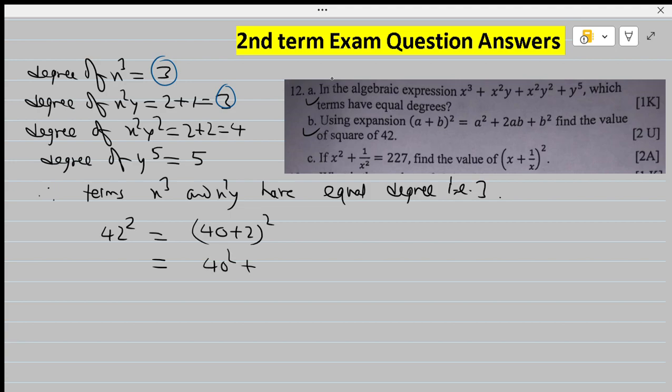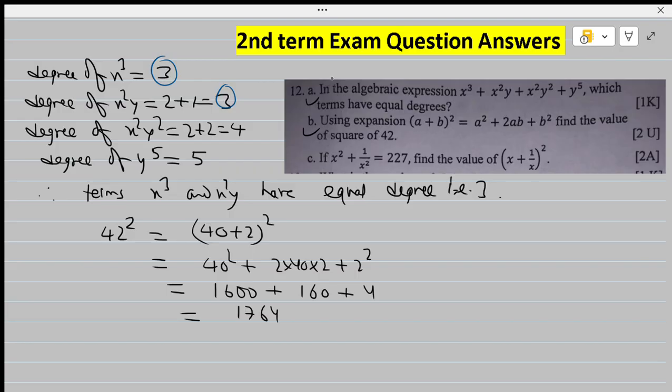So a squared plus 2 into a into b, and plus b squared. So 40 squared you get 1600, 2 into 40 into 2 is 160, and 2 squared is 4. So 1600 and 160, 1760, and 4, 1764. So 1764 is the answer for the square of 42.